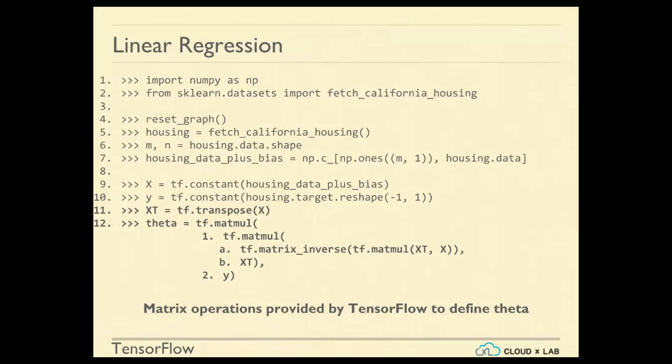After loading data, we added a bias and that became our capital X. Then we defined Y by transposing our target variable into one value per row. And then we computed using the normal equation.